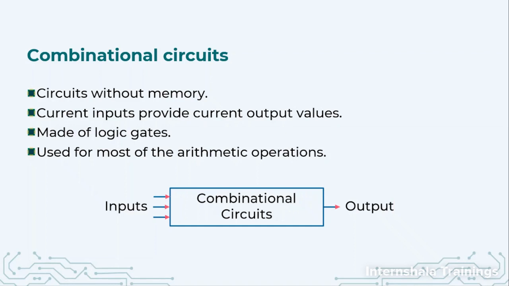Some examples of combinational operations are adding two numbers, multiplying two numbers, getting the square root of a number. So these are the operations where I don't need any other information. I just need the input and I will calculate the output.